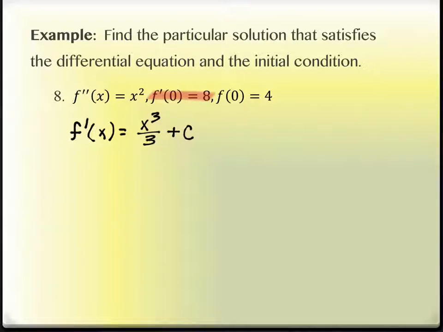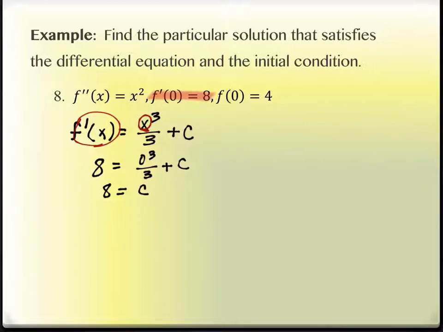So if I were to evaluate this, I get my 8 out when I plug in 0 for x right here. What's c? It happens to be 8. This one was very clean and easy because the zeros out. Zeros are wonderful. I love zeros.